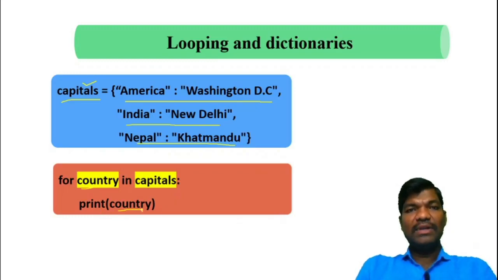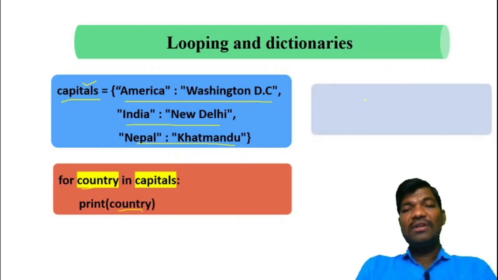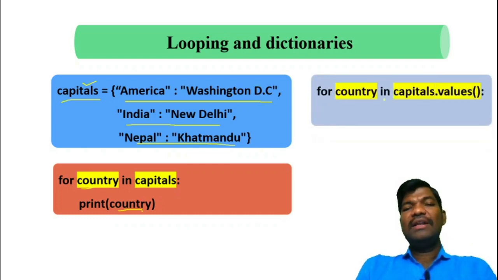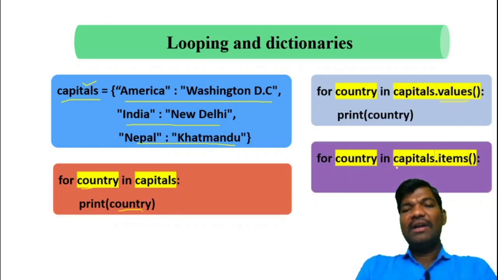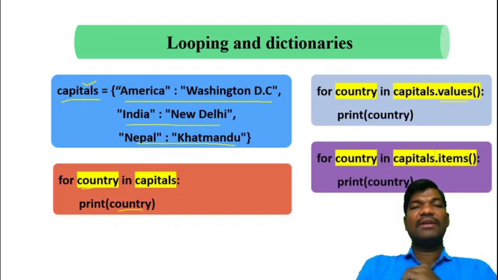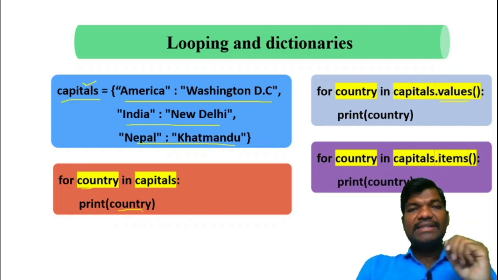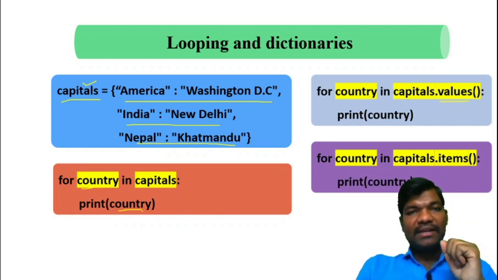We will check output in Jupyter Lab. Before that, another example: for country in capitals.values(), print country. Next, another one: for country in capitals.items(), print country. Let's check the outputs in the Jupyter Lab.